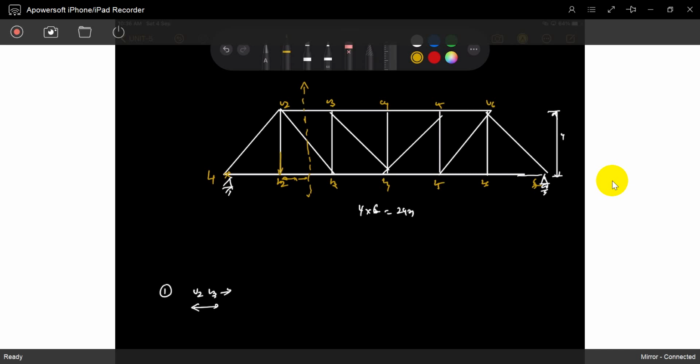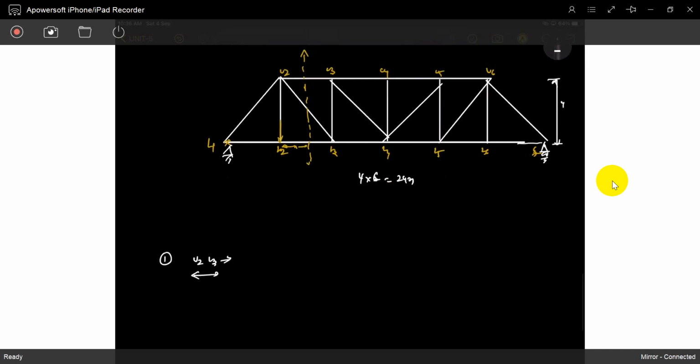So just take care of the right section. How does it look? This one, this one, and this one. Three things are there.